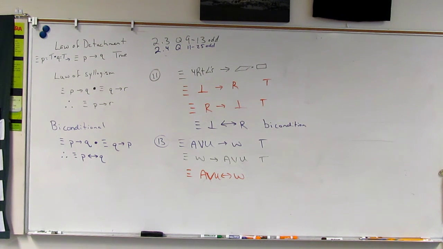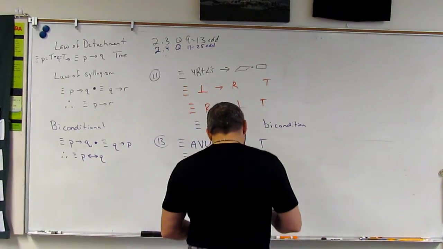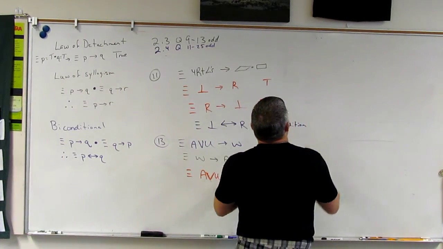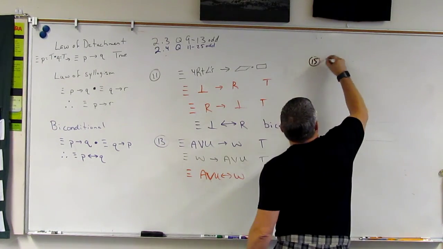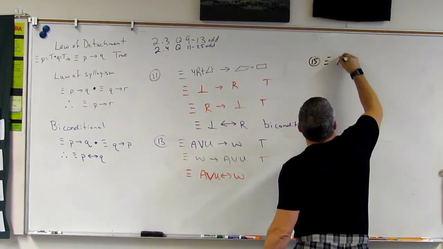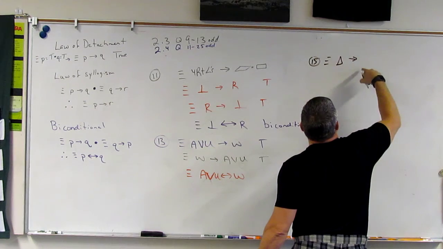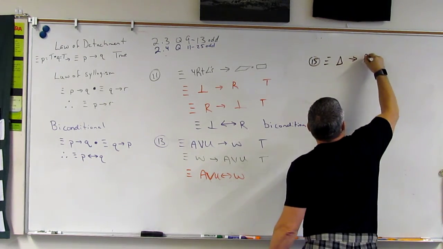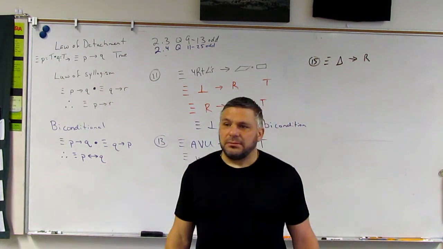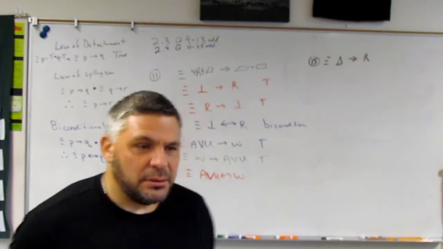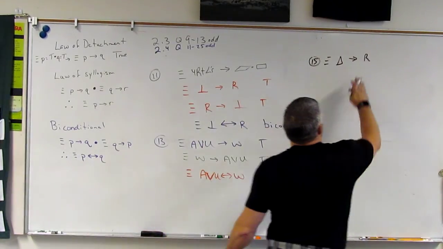If a triangle contains a right angle, then it is a right triangle. Okay? Let's see. 15. If a triangle contains a right angle, then it is a right triangle. So let's write it out a little bit more before we do this.